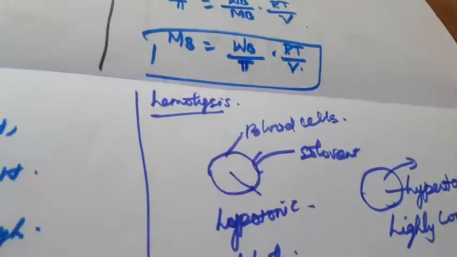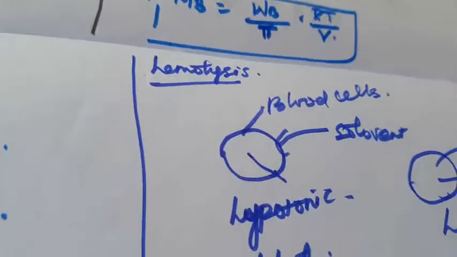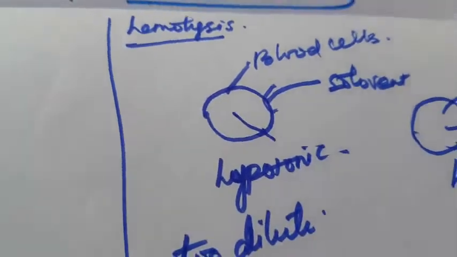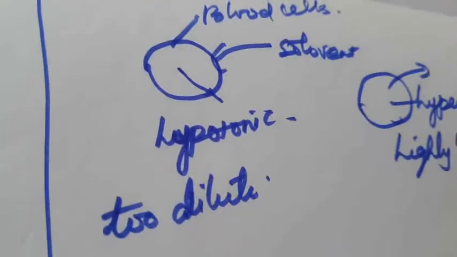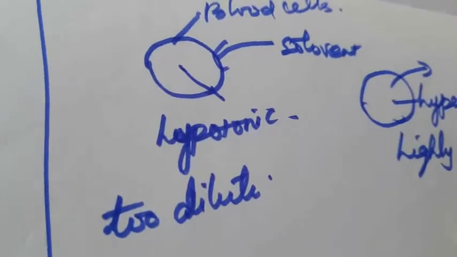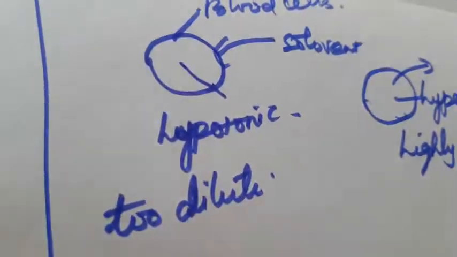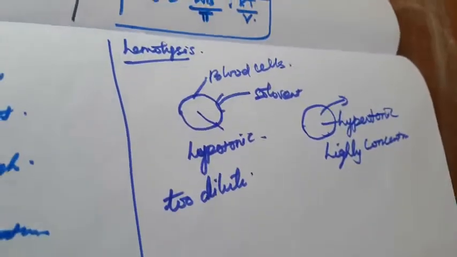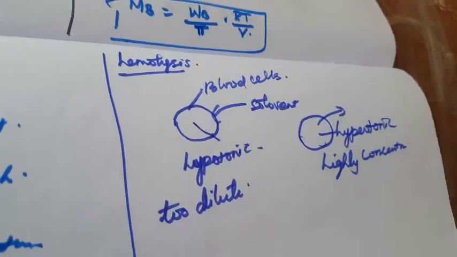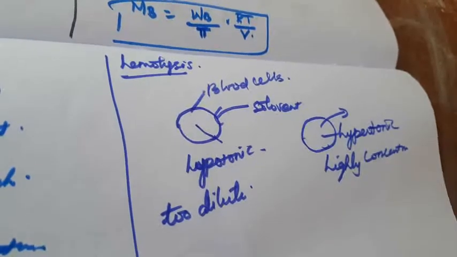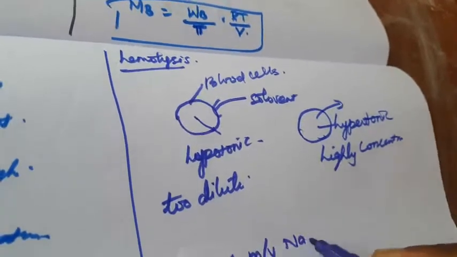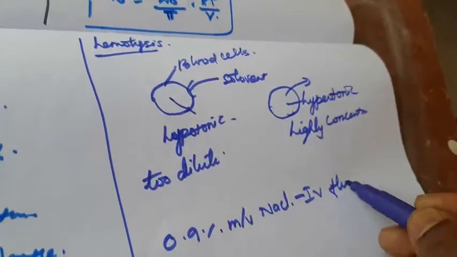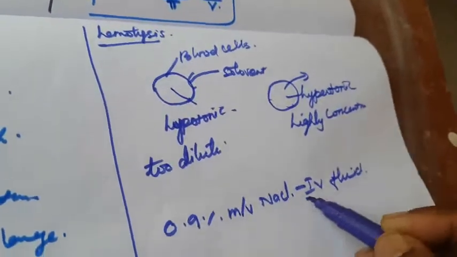For this reason, intravenous fluids are prepared isotonic to blood. The IV line is always prepared at the isotonic level of blood. The solution is 0.9% mass per volume sodium chloride solution. Okay, so this is the IV fluid. What is IV fluid?